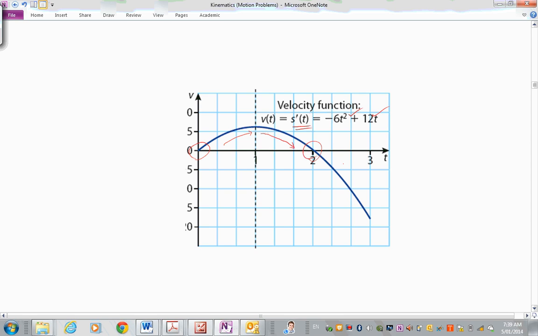Then it comes back to the origin, so they're all positive velocities here, and then the velocity is 0, and these are negative velocities because it's travelling back, and at t is 3 it's going pretty fast.